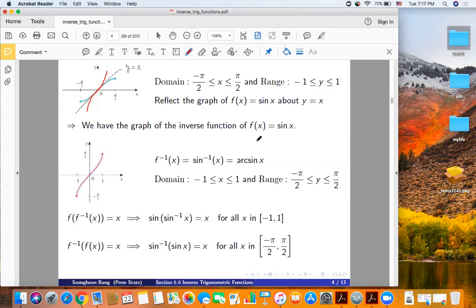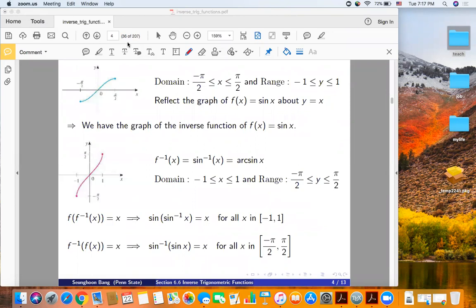Next, we think about the cosine function. The same: the cosine function doesn't have an inverse function because cosine is not one-to-one. How can you find the inverse function of cosine of x? We use the same idea as for sine.